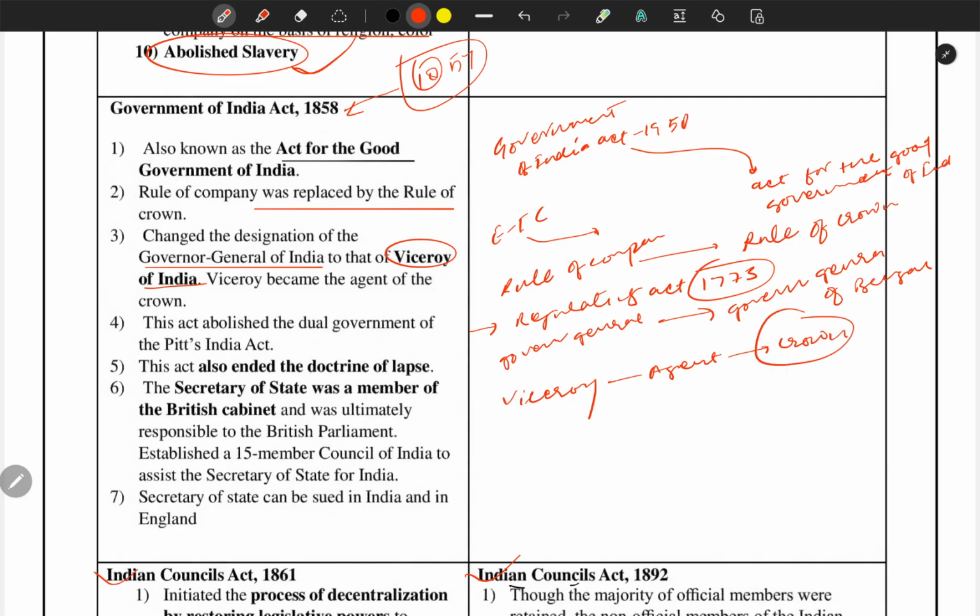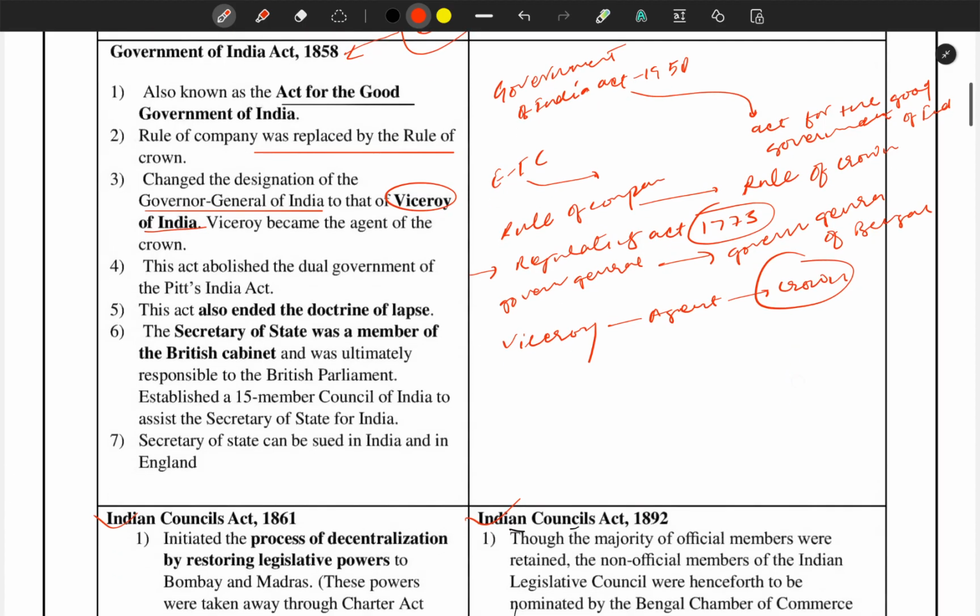And this act abolished the dual government of Pitt's India Act of 1784. We have already talked about that. Pitt's India Act introduced dual government, that is, the Court of Directors and the Board of Control.